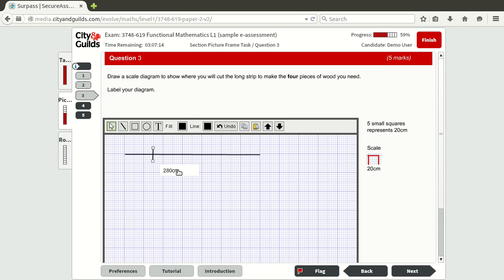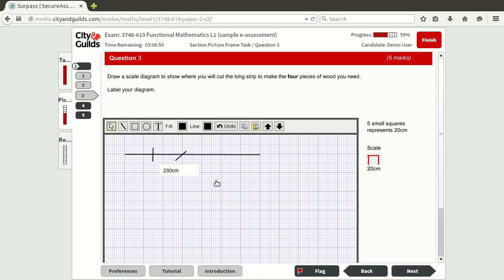That's 60 there. Then I would cut another 60, so that's 20, that's 40, that's 60. So I would cut right there. So that's 60 and 60.